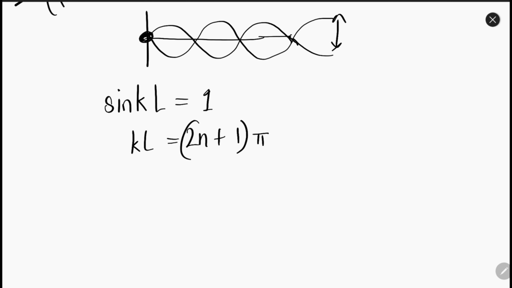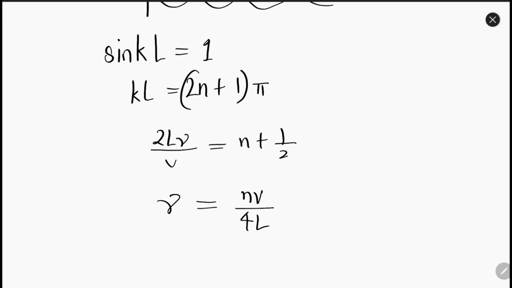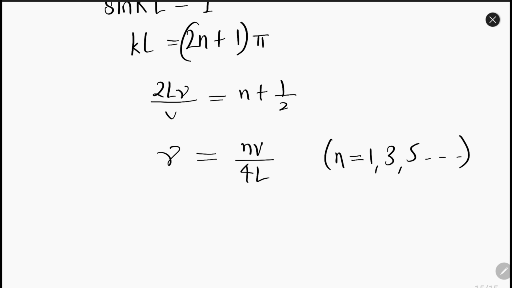Ultimately once you solve this, you will get 2L nu by v equal to n plus half, or frequency equal to n v upon 4L, where n can be 1, 3, 5 and so on.